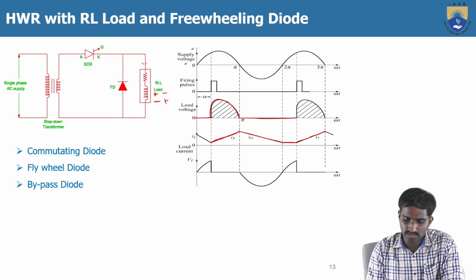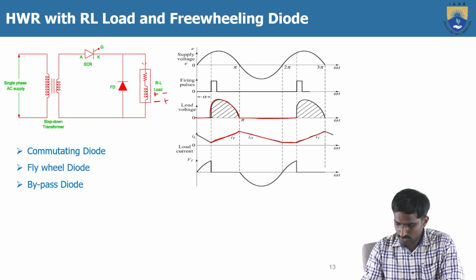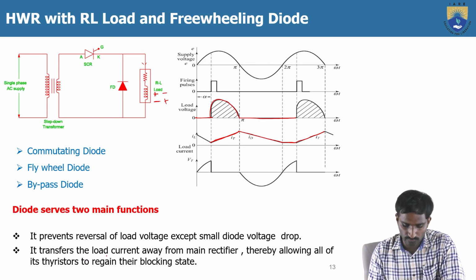So as you can see, there are two purposes of this freewheeling diode. In the midpoint converter the purpose is different, and in the half wave rectifier the purpose is different. The diode mainly has two functions.